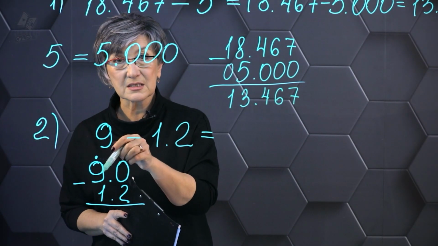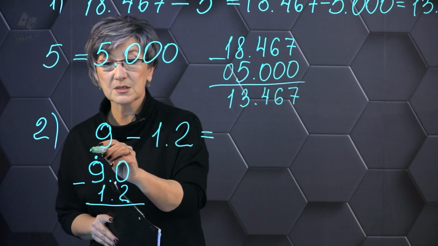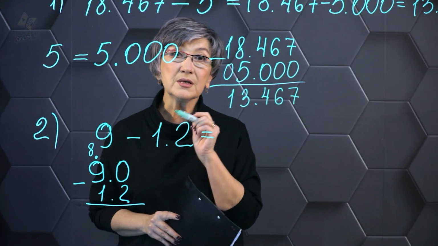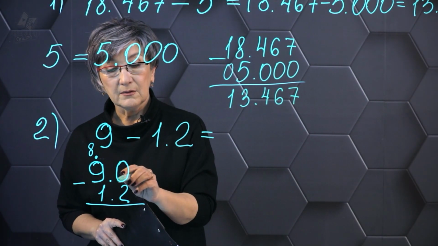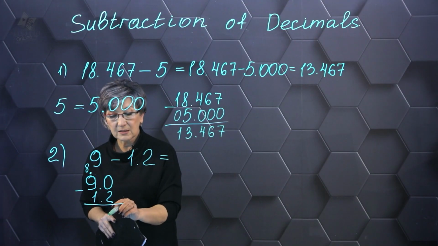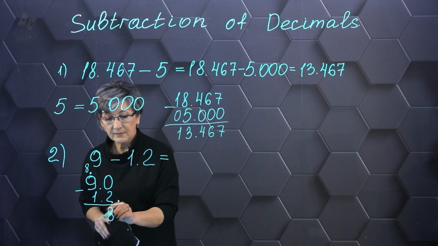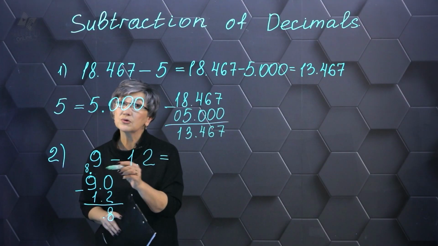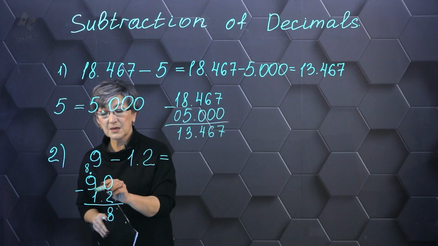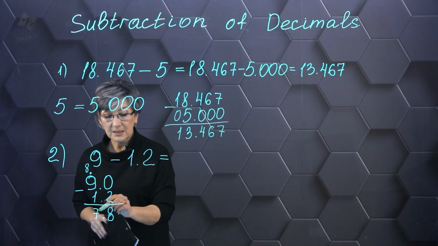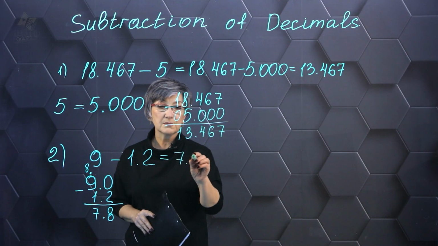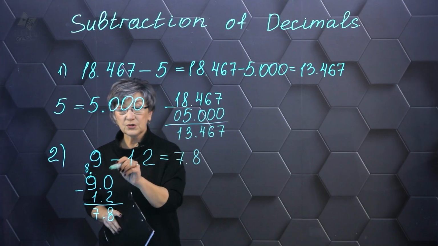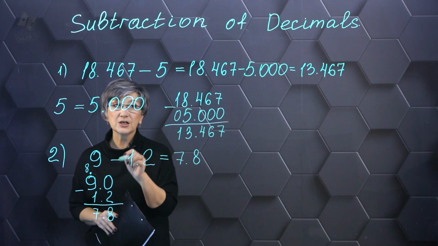I'll write it down so I don't forget. So, the difference between 10 and 2 is 8. Next, I'm working with the whole part. Take 1 away from 8, that's 7. The answer is 7.8.